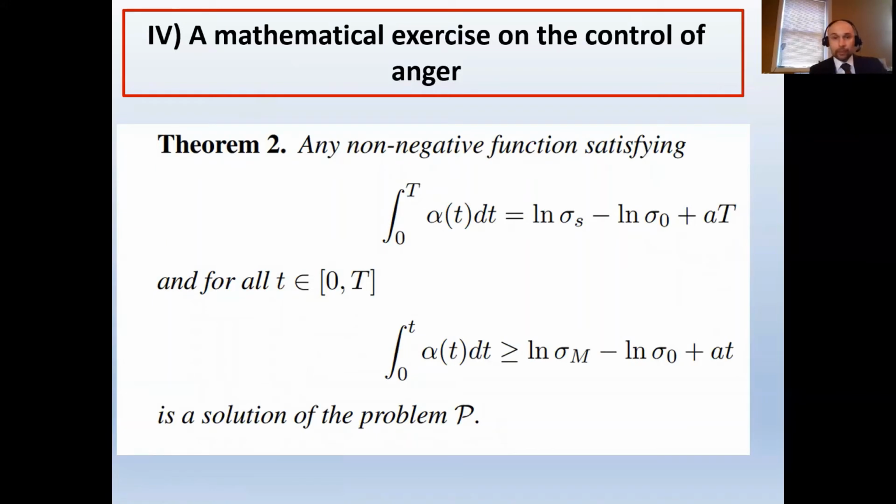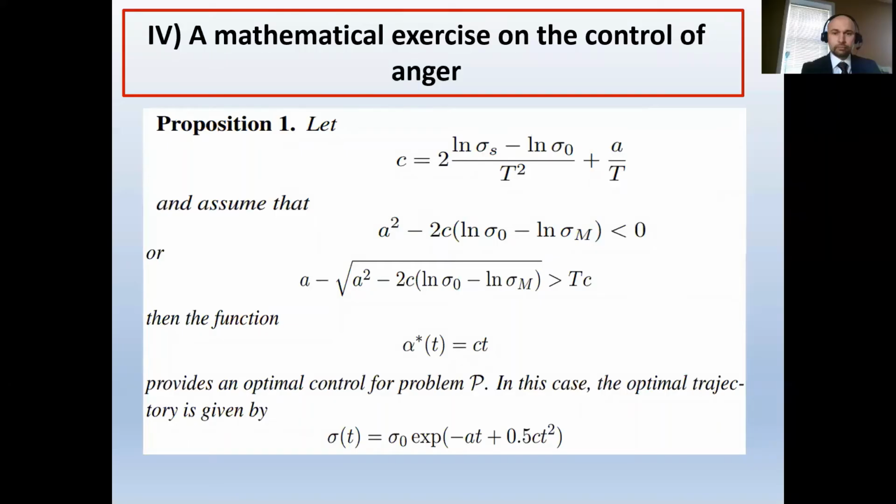And there is a theorem. You can prove that any function alpha satisfying those conditions is a solution of my problem P. Then you have this proposition, which is a kind of corollary of the previous theorem.